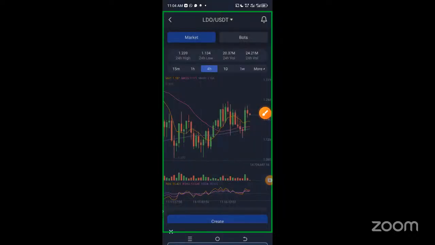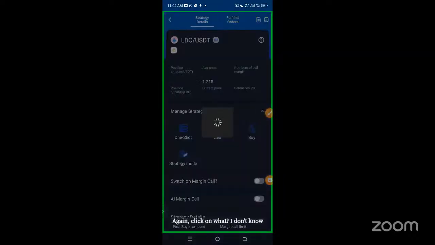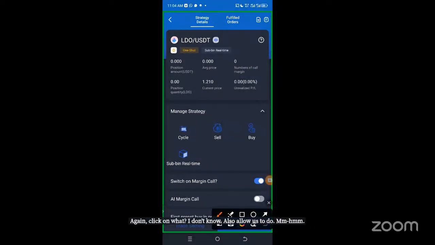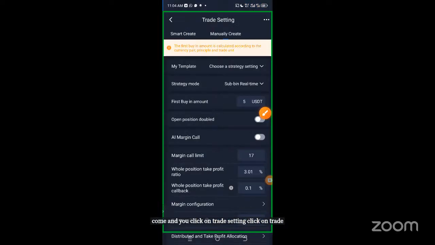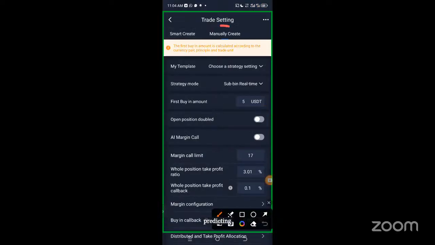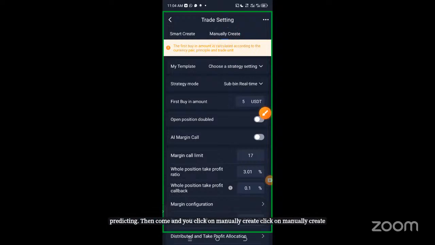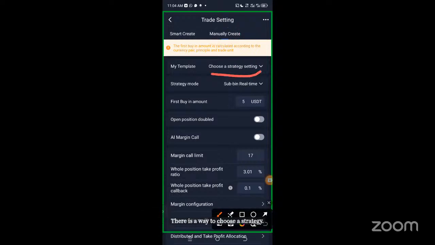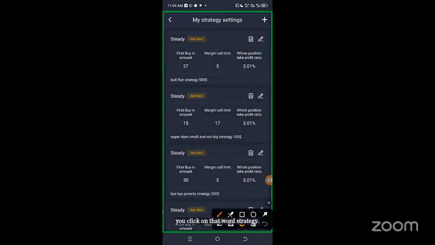Come and you click on trade setting. Then click on manually create. There is a word, choose a strategy. You click on that word, choose a strategy that you want to trade with.